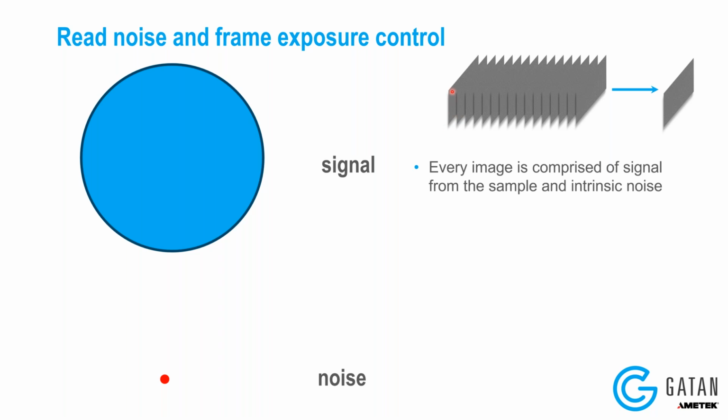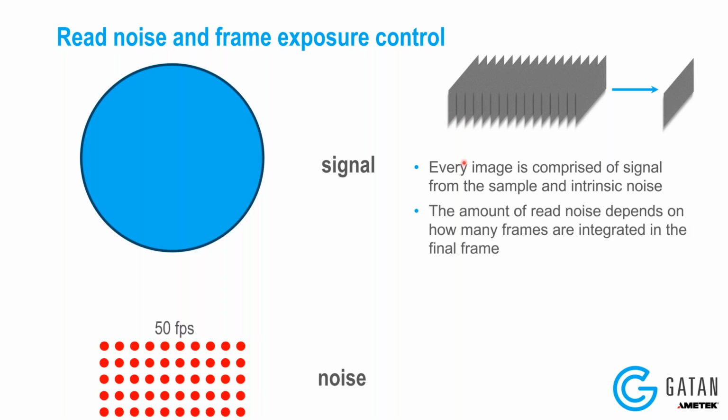The idea is that if you're outputting all of the individual frames at this frame rate, say with the OneView at 25 frames per second, and then you sum them into one image, each individual frame has a certain amount of noise, intrinsic noise, called readout noise. And so when you sum a lot of frames together, the amount of read noise that you get into your final image depends on how many individual frames you actually added up together.